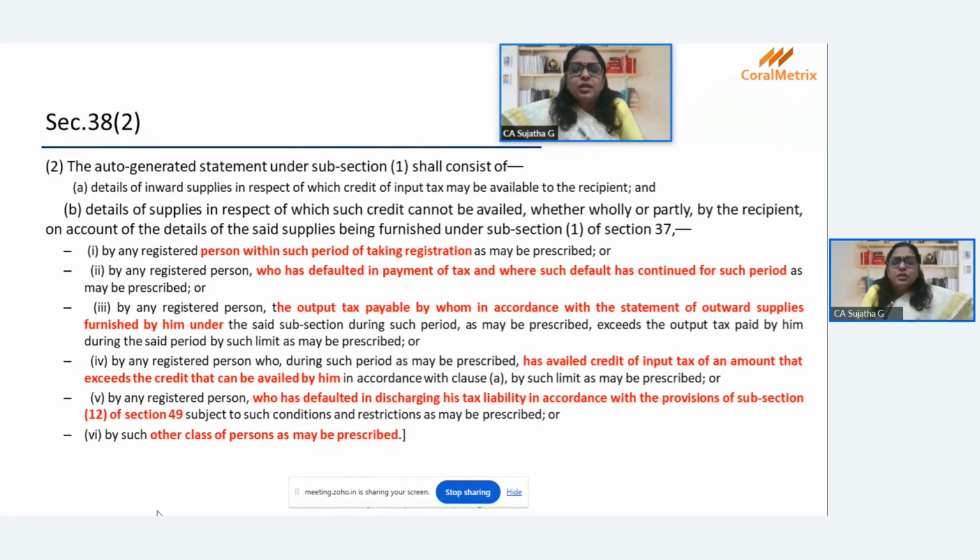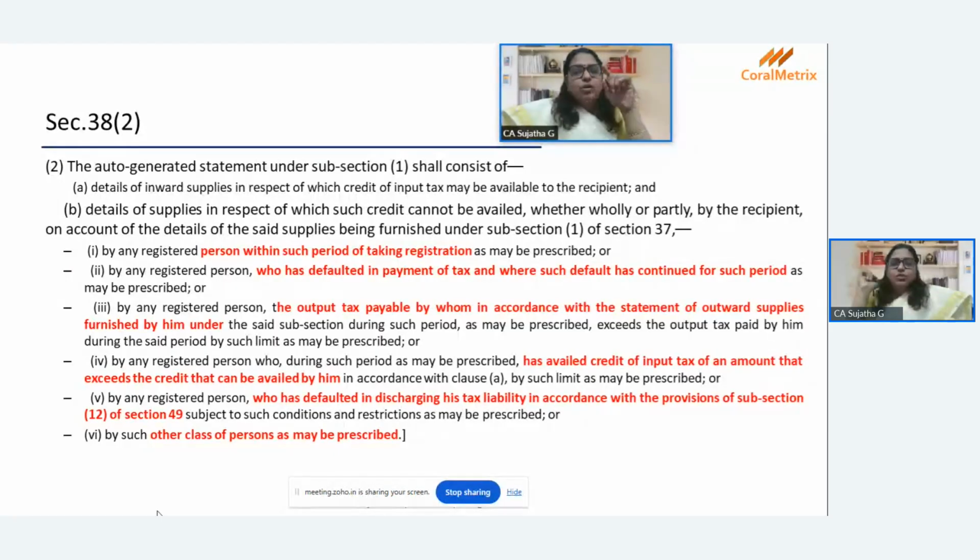Third is the output tax payable by whom, in accordance with the statement of outward supply furnished by him. Assuming that there is an outward liability of say 10,000, he has reported in his GSTR1, whereas he has paid only 9,000, right?